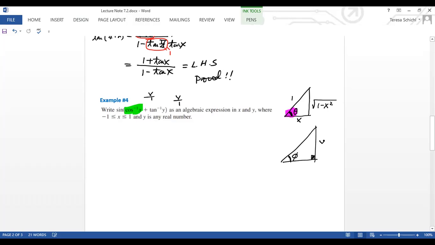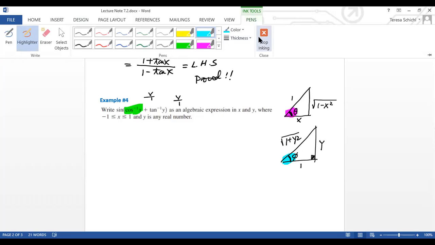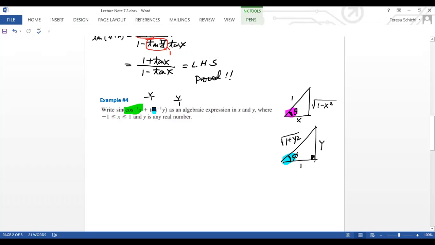So I know this is y, and this is 1. Then what is my hypotenuse? My hypotenuse will be the square root of 1 plus y squared. So this is my angle phi.